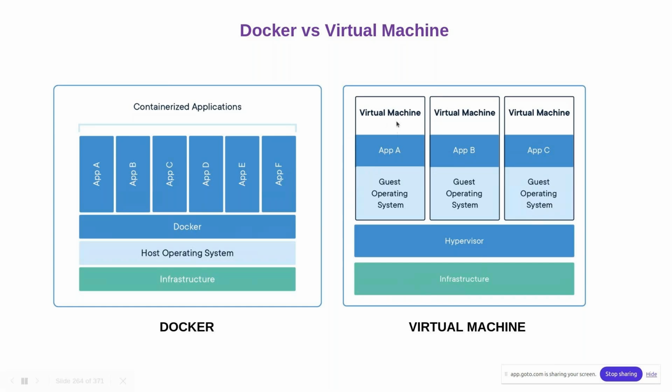So we have to deploy a virtual machine which has the operating system. On top of the operating system we deploy our application, right? But this single virtual machine itself takes a lot of resources, right? So again, if you want to deploy another application, you need to go for another virtual machine, right?